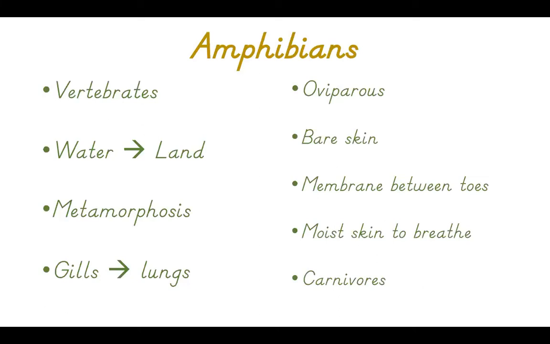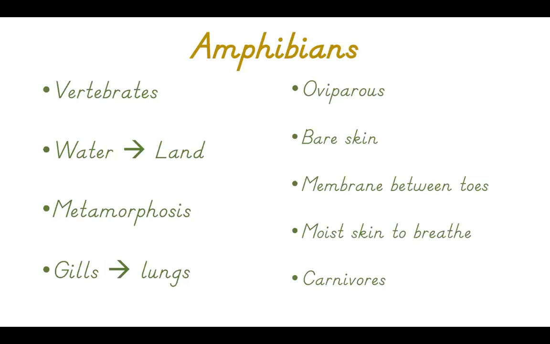Now, the video said that their lungs are so small that they can't just use their lungs for breathing because they don't get enough oxygen. So they also have to breathe through their skin. Their skin is another way that they're able to breathe and get oxygen.